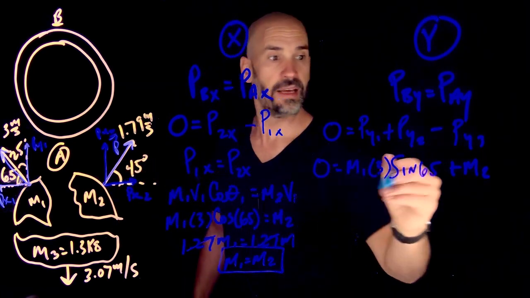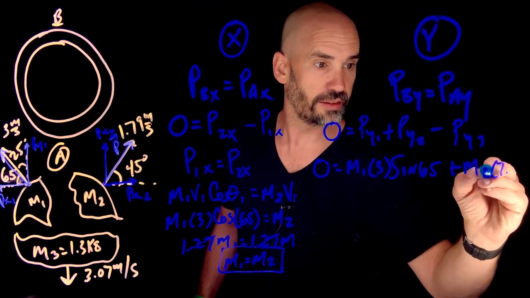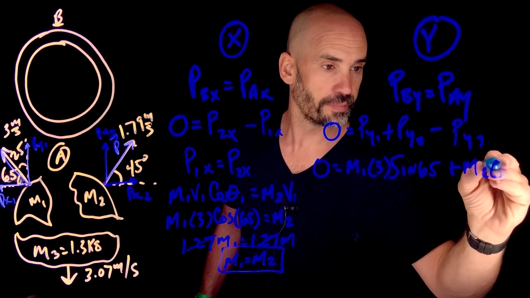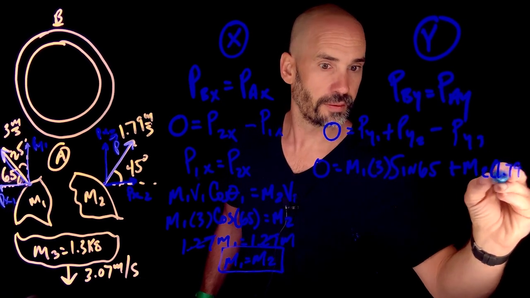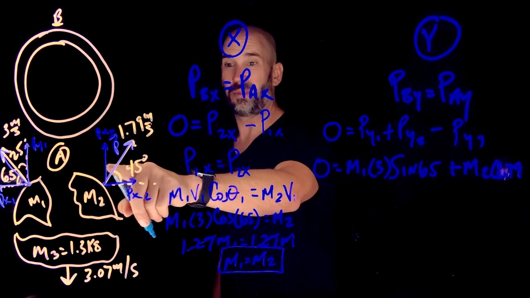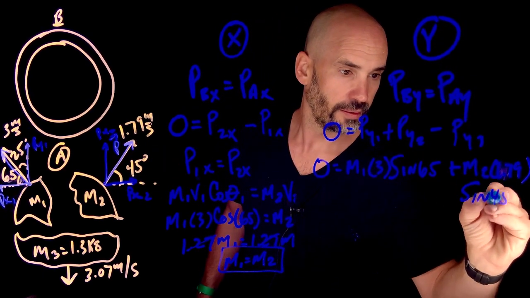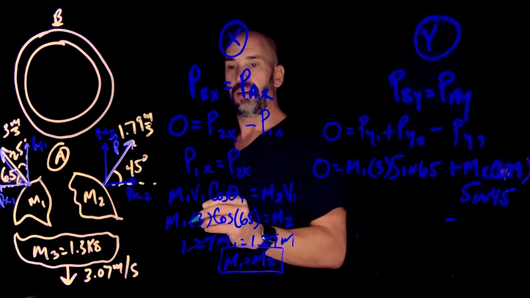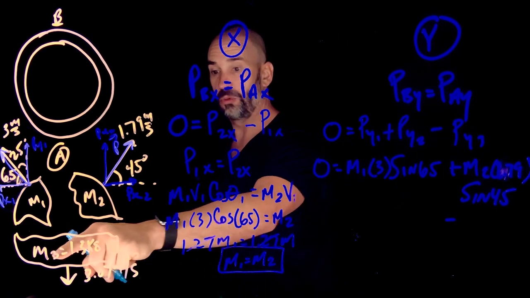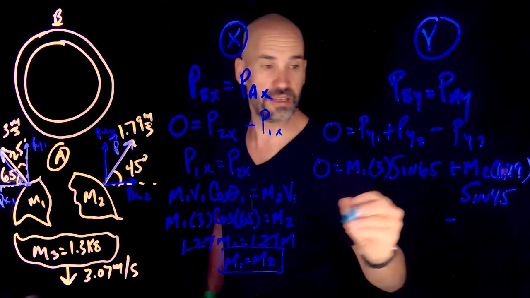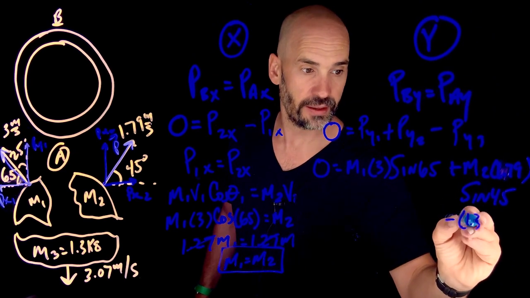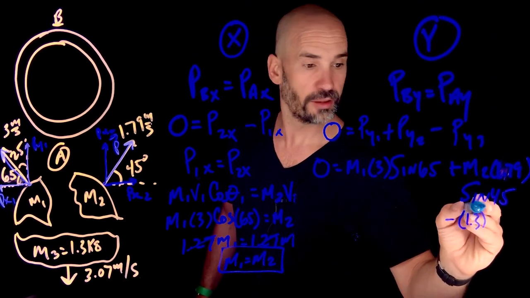We're trying to find it. But his velocity is 1.79, and that's going to be sine of 45, right? And then we're subtracting py3, which there are no angles here. It's just going to be this 1.3 times 3.07.